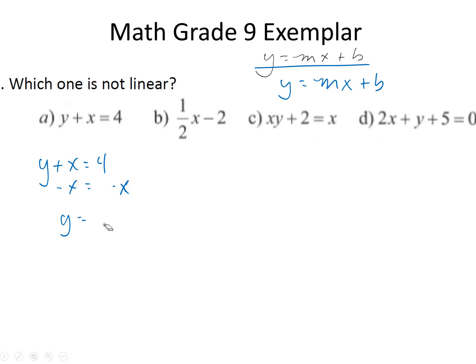Or I could write that as -x plus 4. That's linear. And the rest of them have a y. This one doesn't have a y, so this one is not linear.